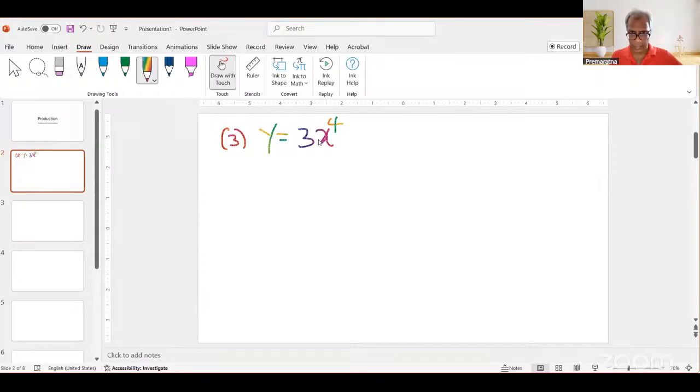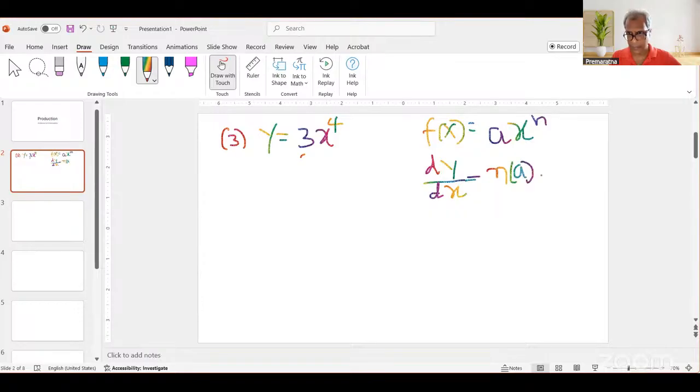When you differentiate an equation like that, in the general form, y is a function of x, y equals a x to the power n, where a is a constant term like 3. When you differentiate this with respect to x, the answer comes by taking the n, multiplying by a, and x to the power n minus 1.